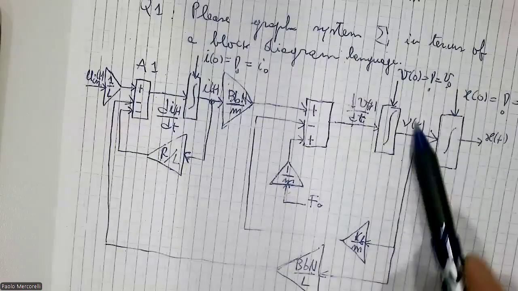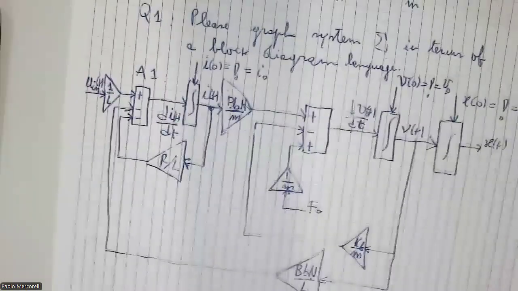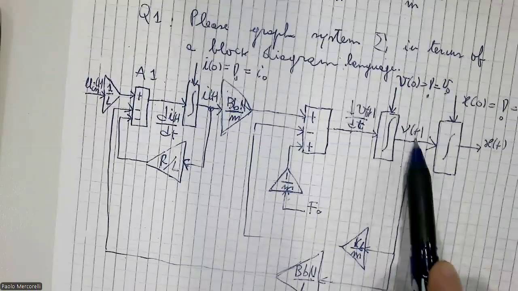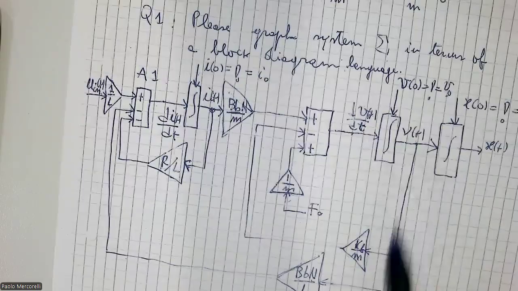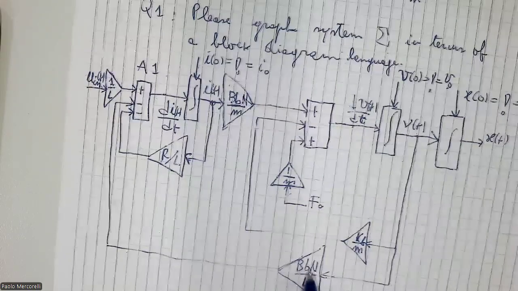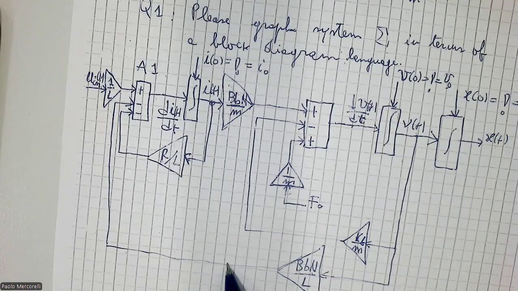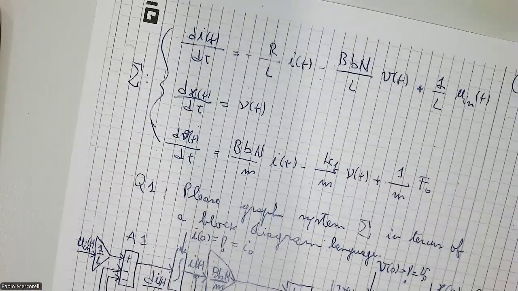Excuse me, here, probably you didn't see this. This was the induced voltage we generate thanks to the product of the numerator, B capitalized, B not capitalized, and the induced voltage. Of course, divided by L, because in this representation, we want to look at the dynamics. We will see next semester why.